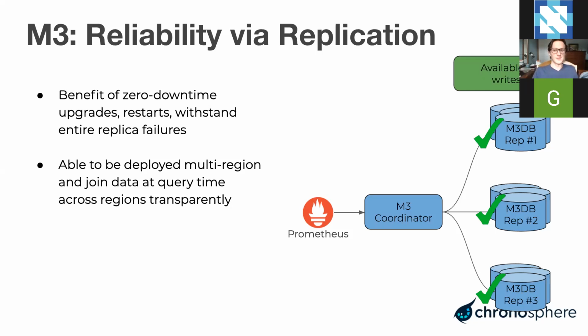Again, on the reliability side, the way we in M3 tackle this problem is via replication. By having this functionality, not only are we resistant to single points of failure, but also there are no downtime requirements for upgrades, no downtime requirements for data migrations, no downtime requirements for deployments and things like that.